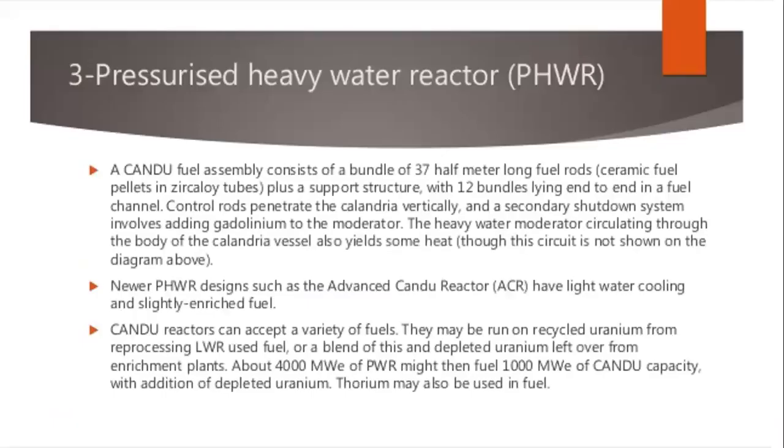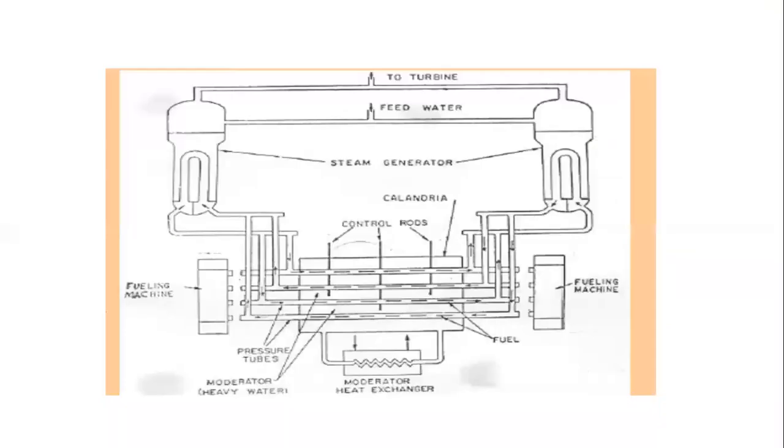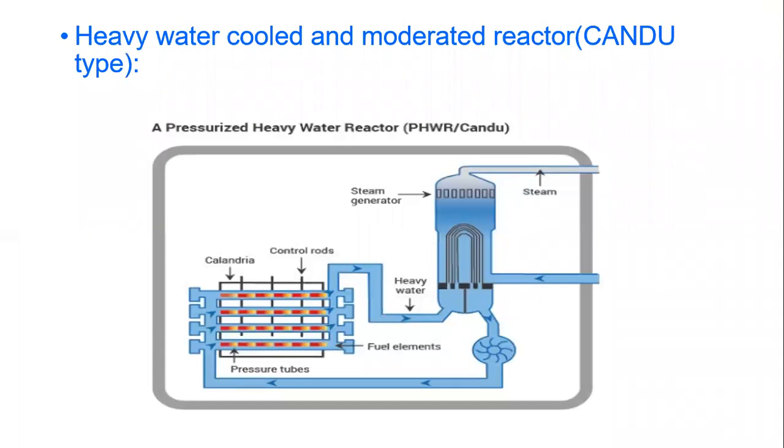These are the various types of reactors used in nuclear power plants. So how many types are commonly used? BWR, that is boiling water reactor.